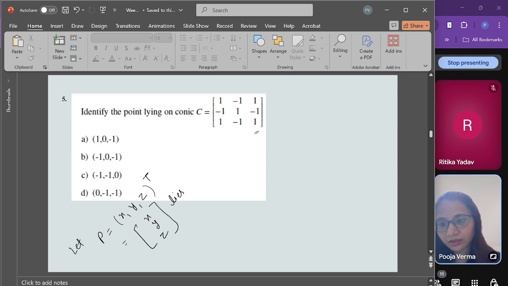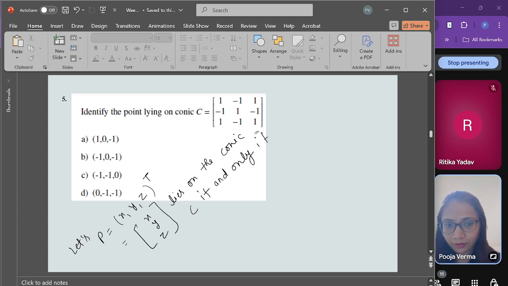The point lies on the conic C if and only if P transpose C P is equal to 0.